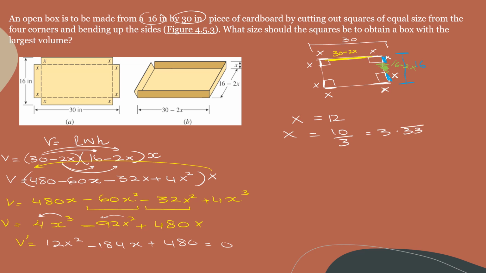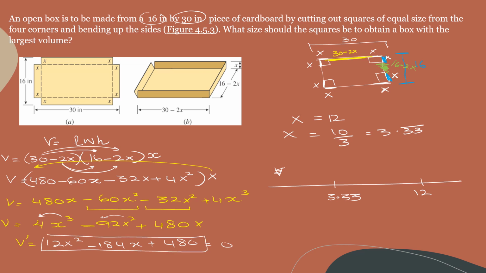After that, what do we have to do? We have to see which values will give us the maximized volume. So let's do our first derivative test. So 3.33, and here put the 12. Take any values and put them in the equation to get the maximized or the minimized thing.